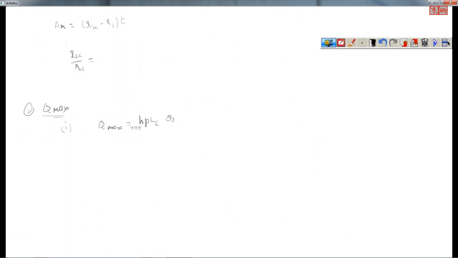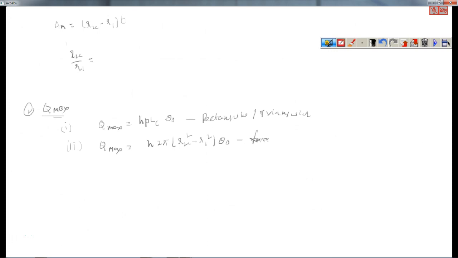This is for a rectangular or triangular fin. For a circumferential fin, Q max is equal to HA, which is 2 pi of R2C square minus R1 square into theta 0.